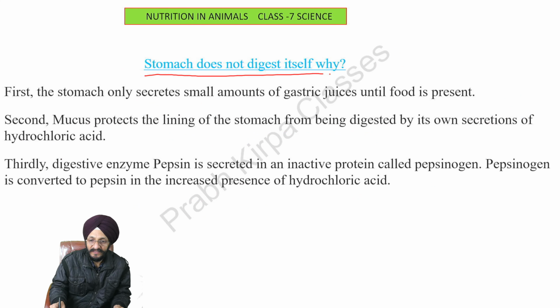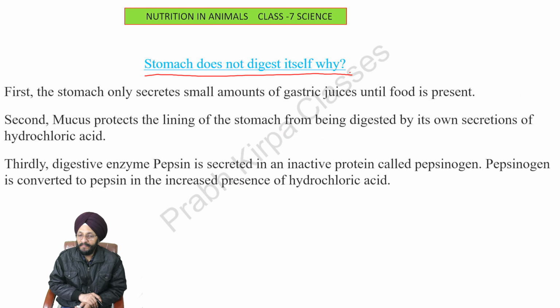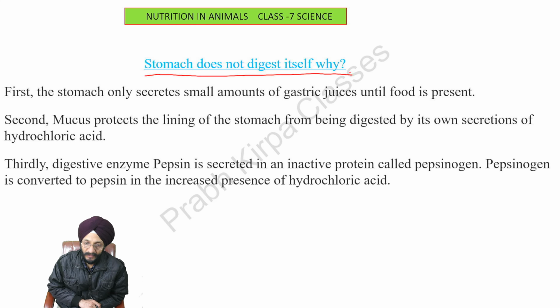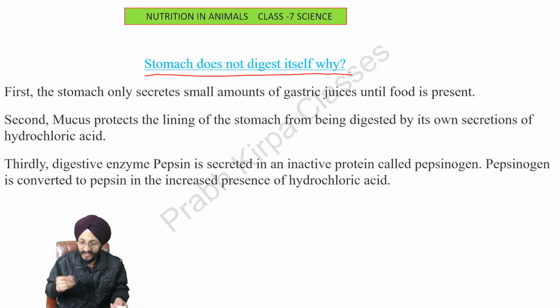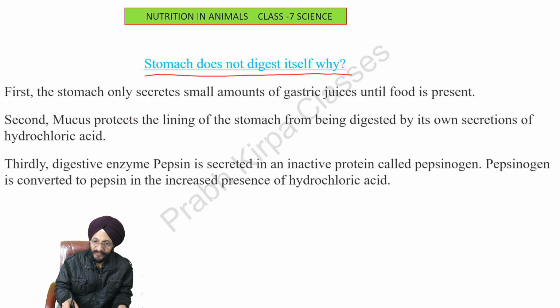When hydrochloric acid is being produced in the stomach, and hydrochloric acid digests many things, why does this acid not digest the stomach? The stomach does not digest itself. First, the stomach only secretes small amount of gastric juices until the food is present.